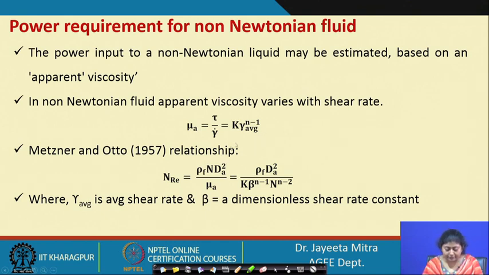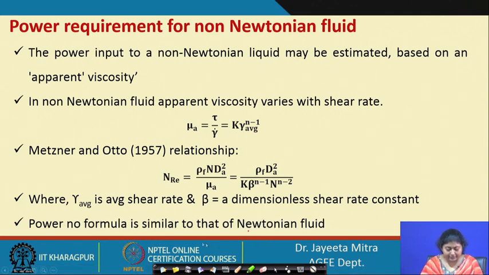Using that we now get this expression: rho f into d square by k into beta to the power n minus 1 into N to the power n minus 2. So, the power number formula is similar to that of the Newtonian fluid that we have developed, only with some modification we have done here because of the non-Newtonian fluid.